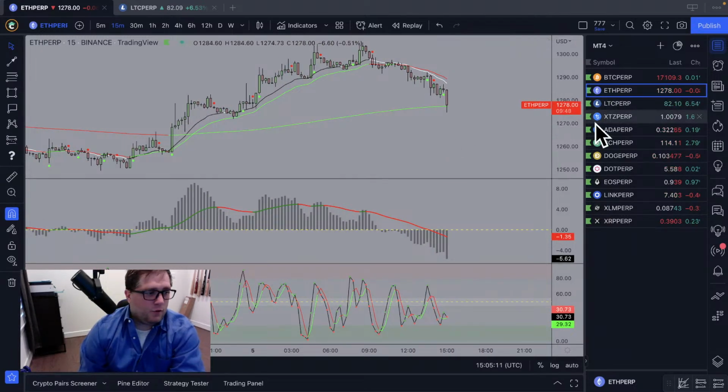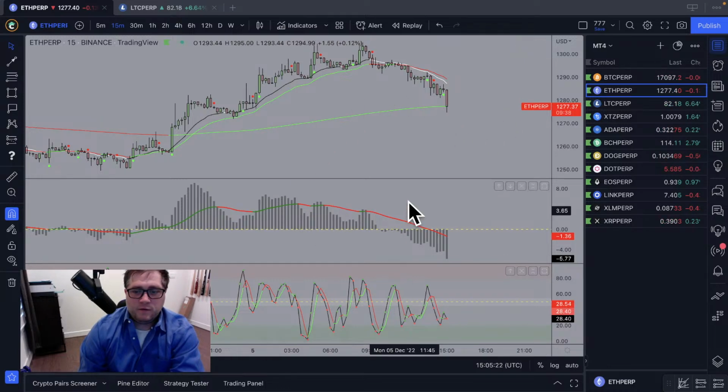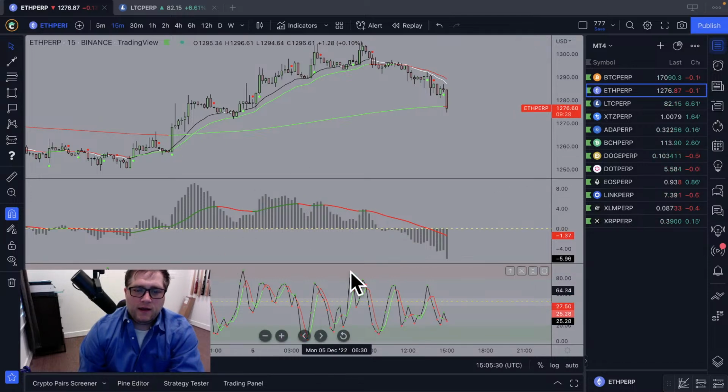Anyway, any more questions? Does your indicator have all these settings in one indicator script? No, these are 3 different indicators on here, and you can't combine them together. You have to plot them on there.